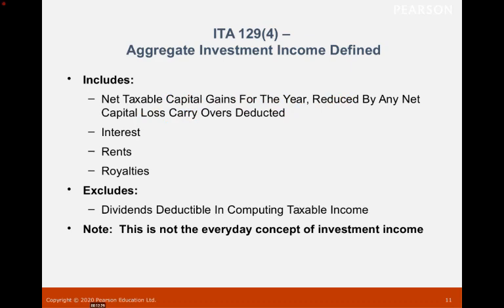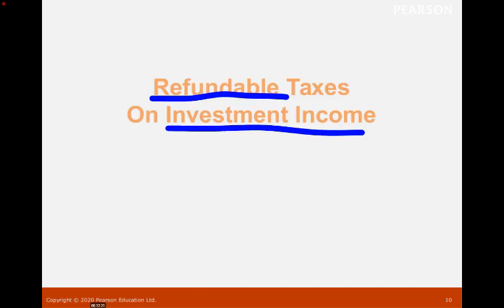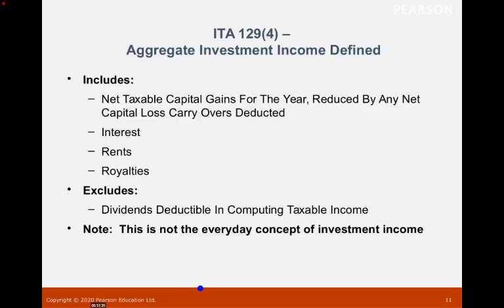So first off, what are we talking about when we say investment income? We have this concept of aggregate investment income. What is our definition? Well, this includes net taxable capital gains for the year, net reduced by any net capital loss carryovers that we chose to deduct.